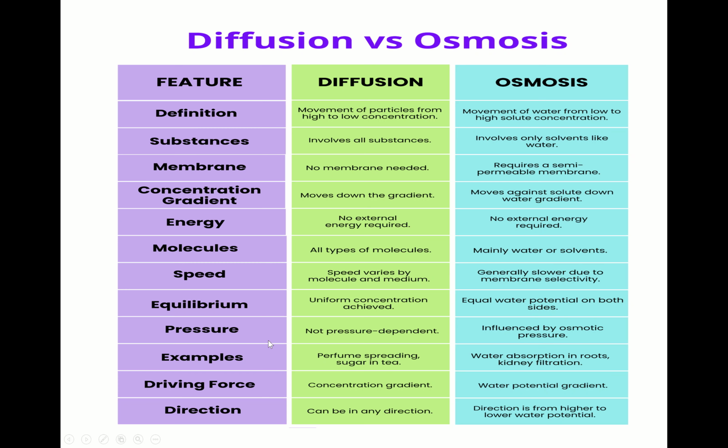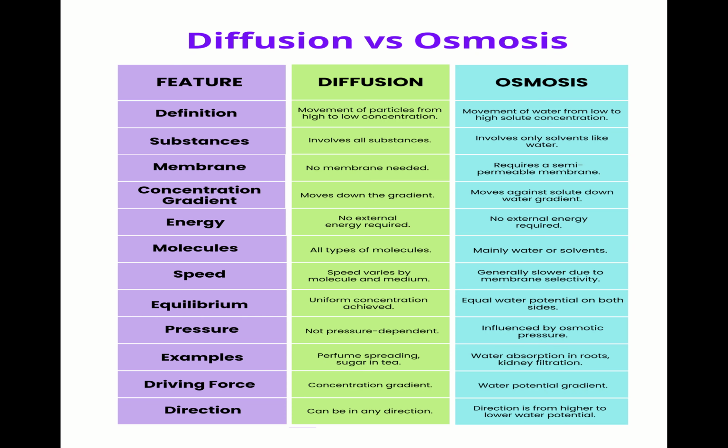And next is pressure. Diffusion is not dependent on the pressure, whereas osmosis is dependent on the osmotic pressure. Examples: perfume spreading, sugar in tea. If you mix sugar in tea, what happens? It diffuses in tea.